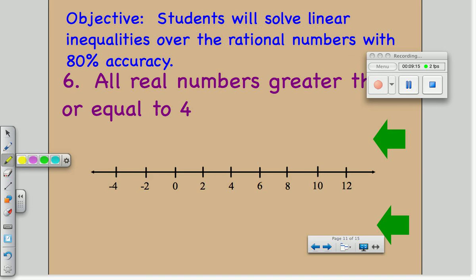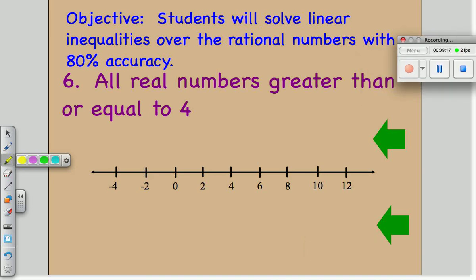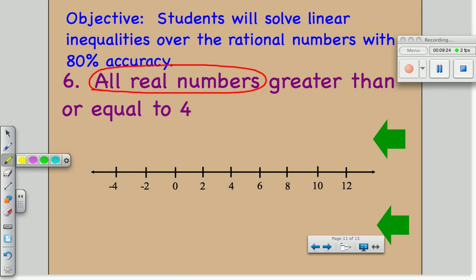All real numbers greater than or equal to 4. So all real numbers is x or y or any number you want it to be. Greater than or equal to 4.